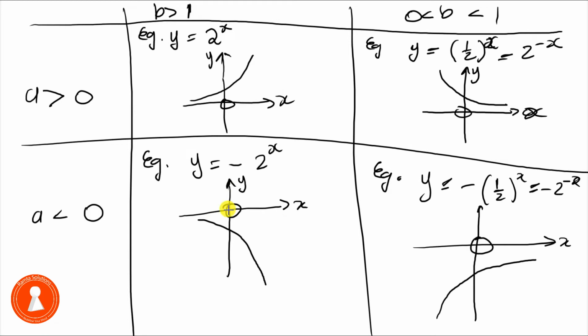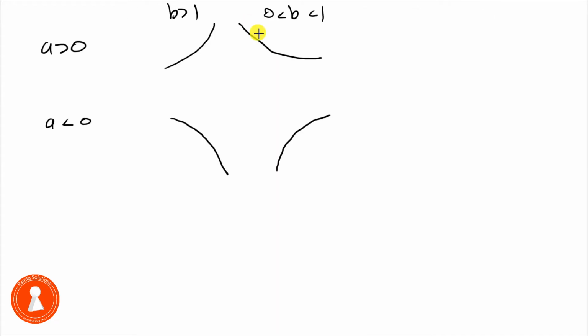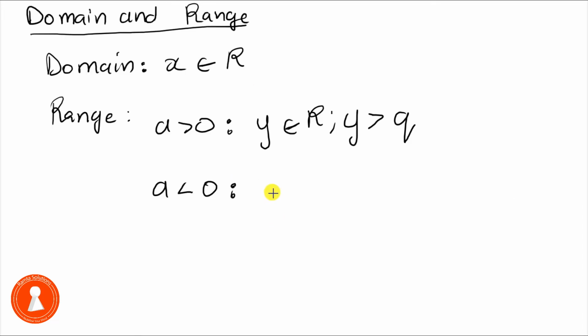It can allow y values that are below the horizontal asymptote. Can you see that? So this means y is an element of real numbers, but y must be less than q.